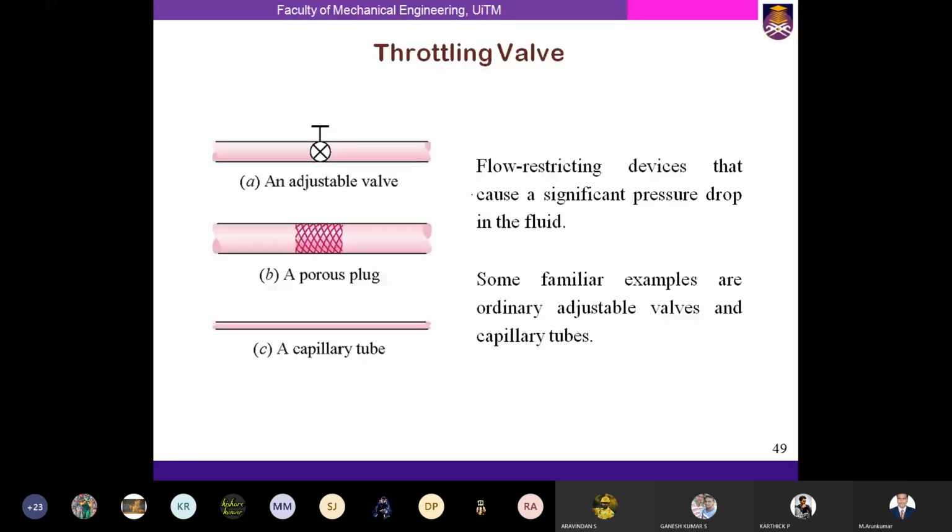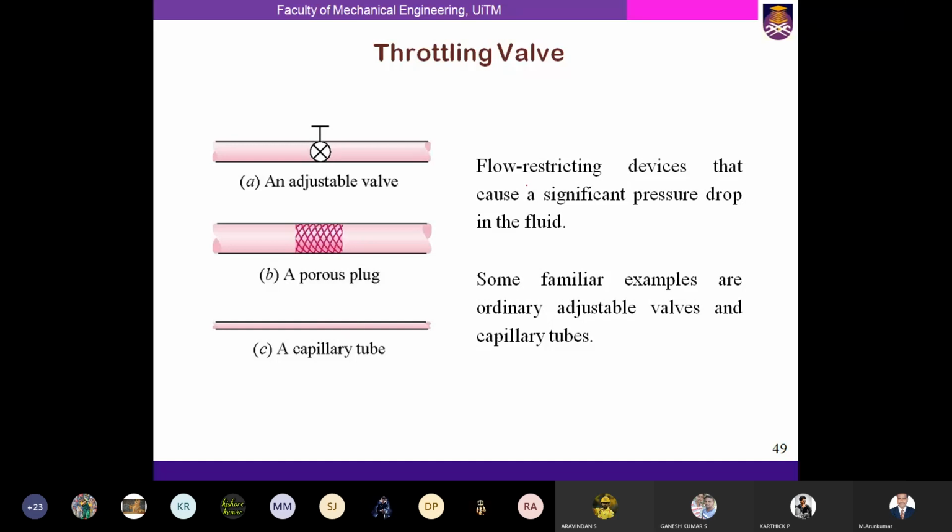Then we have only 2-3 slides, so just 5 minutes and we will complete. Another application of the steady state energy equation is the throttling valve. There is an adjustable throttling valve, a porous plug, and a capillary tube. We discussed what a capillary tube is and what it is used for in engineering applications.